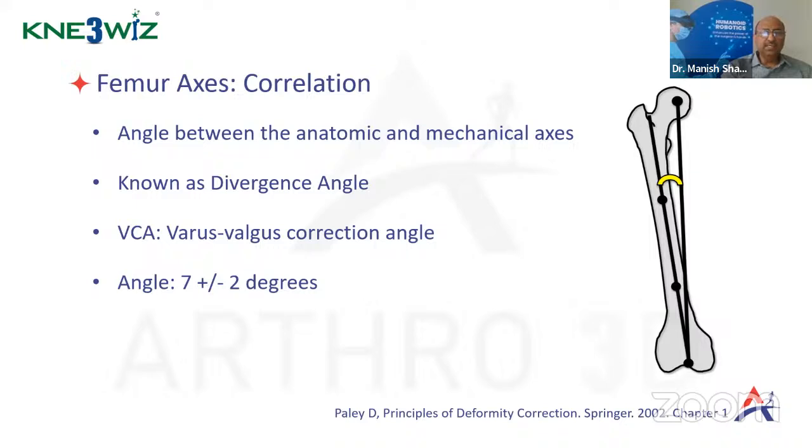The angle between the anatomic and the mechanical axis, also known as the divergence angle, for knee replacements we commonly refer to as the varus correction angle, 7 plus or minus 2 degrees.